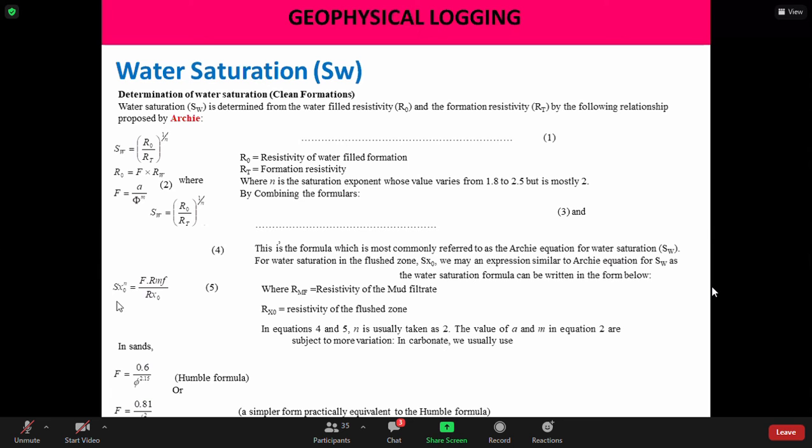If you want to estimate the water saturation of the flushed zone, it equals the root of the product of formation factor and resistivity of the mud filtrate over resistivity of the flushed zone. And we know that our formation factor equals 1 over porosity squared.